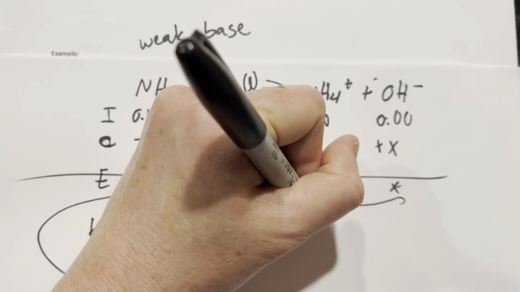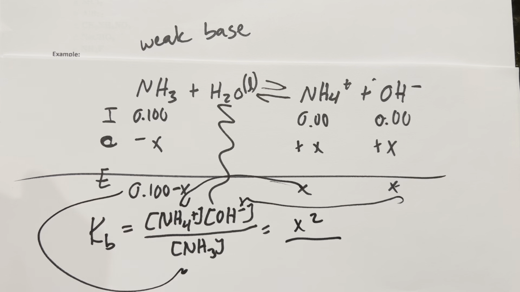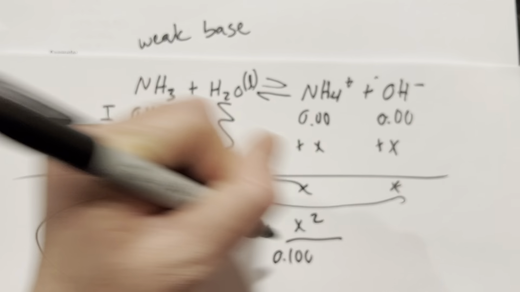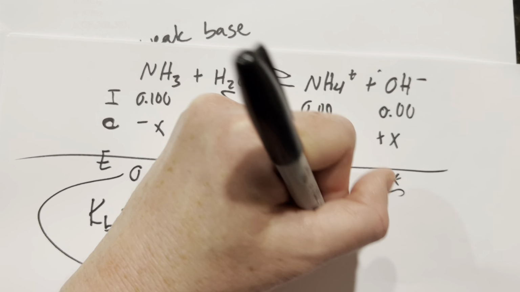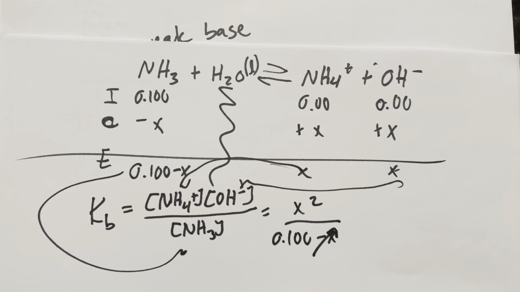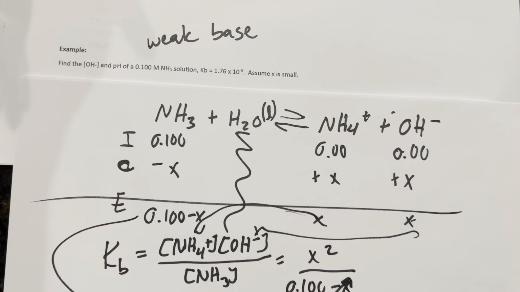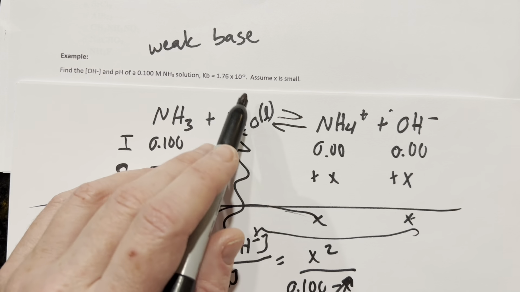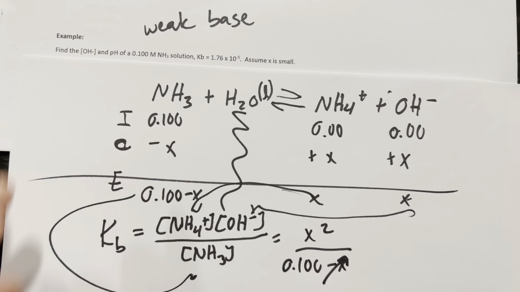So we have x times x is x squared over 0.100 minus x. It tells us to assume x is small, so we'll just get rid of it. It's going to be very small comparatively. And what was the Kb? 10 to the negative 5. Yeah, it's kind of pushing it. It's right there.